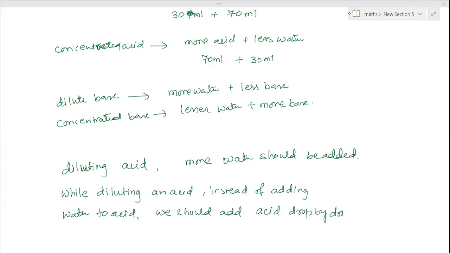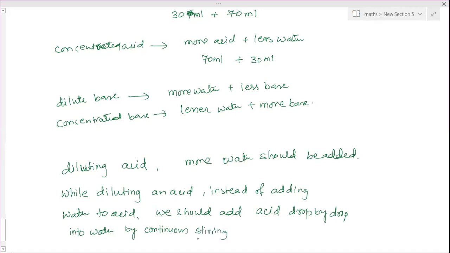Due to the heat evolved when it gets dissolved, can the vapors even catch fire? Yeah, possible. So it should be added drop by drop into water, by continuous stirring. We have to keep on stirring.